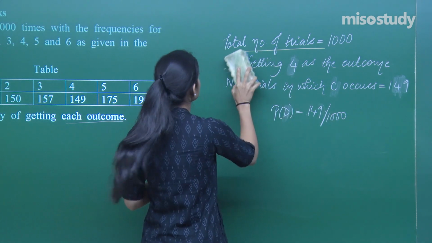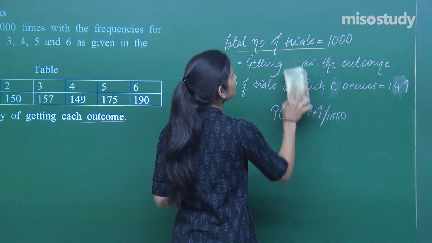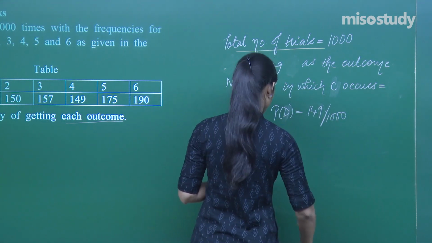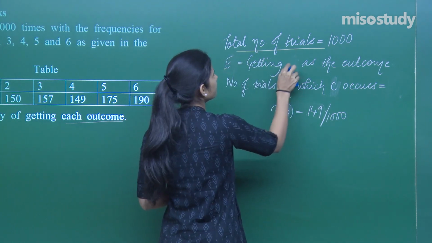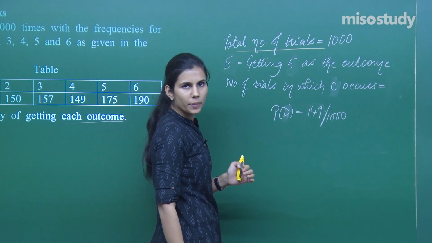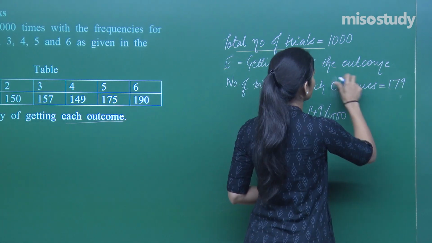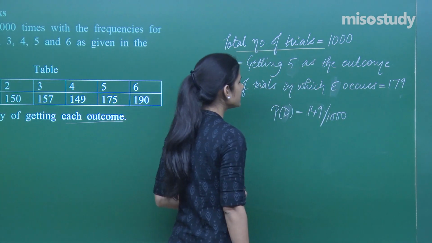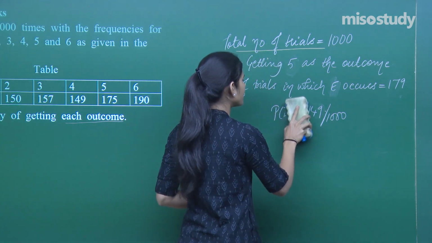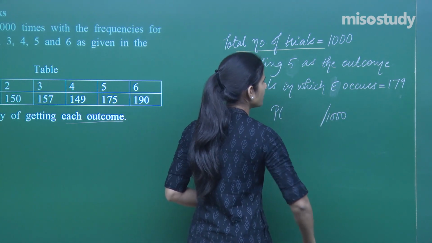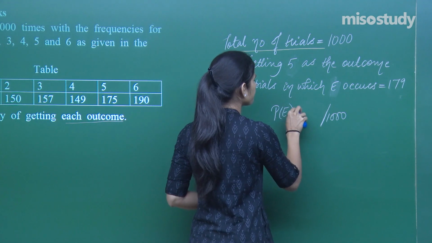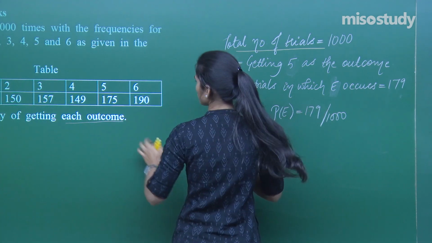Similarly, event E is getting 5 as the outcome, and out of 1000 trials, 5 is coming as an outcome in 175 trials. So the probability of occurrence of event E is 175 upon 1000.